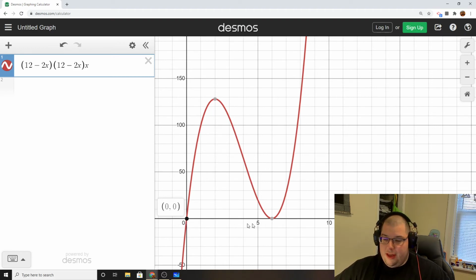The other thing I want us to look at is how at 6, which was the maximum distance we came up with for x, our volume is also 0.